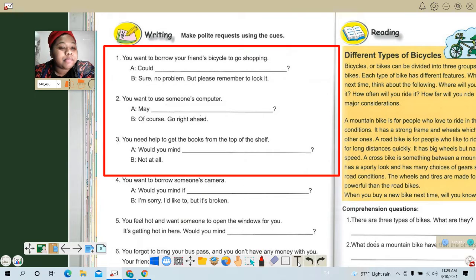Could you borrow me your bicycle? Did we practice already? Could you borrow me? Is that correct? Try again. We don't say borrow me, remember? I said that.